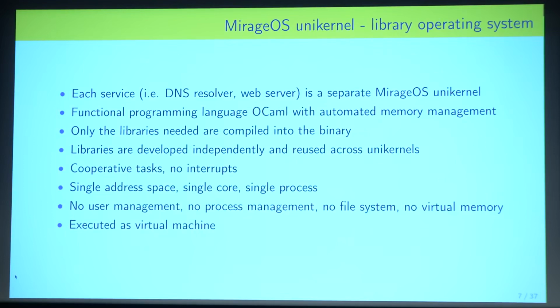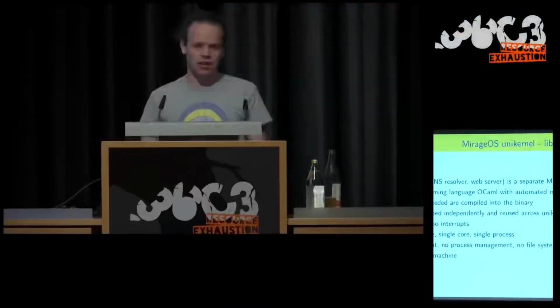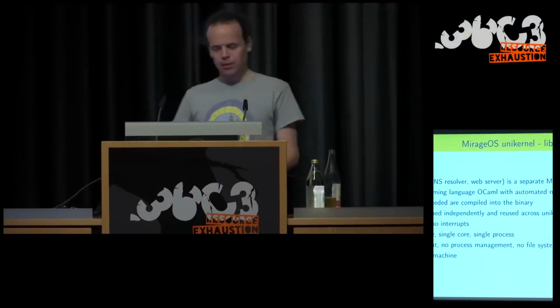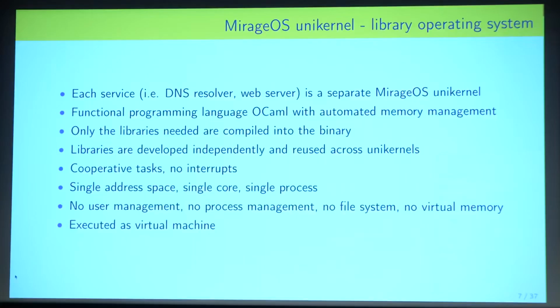There's a DNS resolver. Actually, a DNS resolver also doesn't really need a file system, so we got rid of that. We also don't really need virtual memory because we only have one process, and we just use a single address space. So everything is mapped in a single address space. We use a programming language called OCaml, which is a functional programming language, which provides us with memory safety.